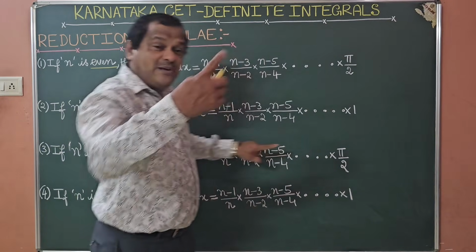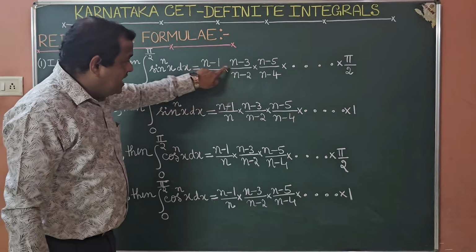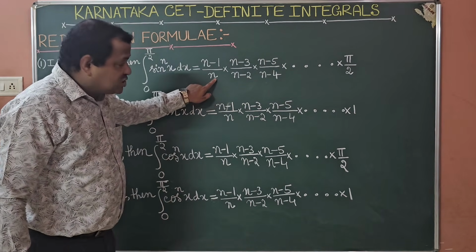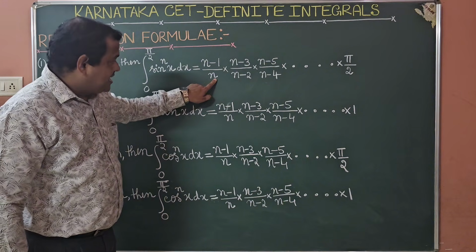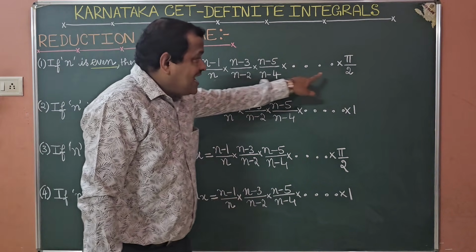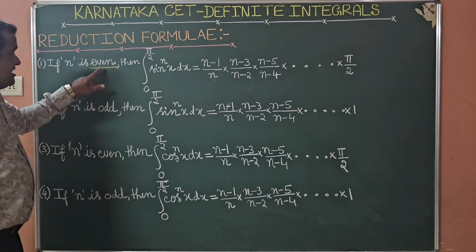It should end with pi by 2. In the numerator there should be all odd numbers, 1, 3, 5 and so on. In the denominator there should be all even numbers, like first n minus 0, 0, 2, 4 and so on. It should end with pi by 2 if n is even.